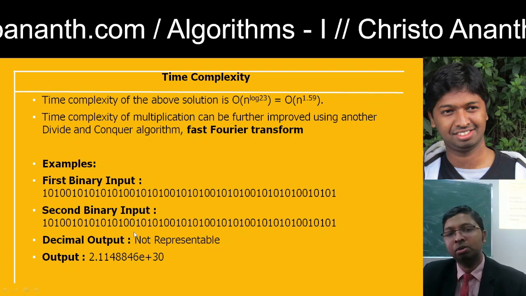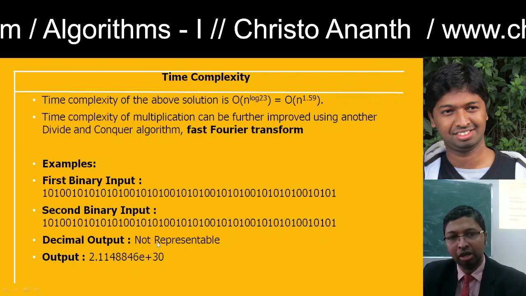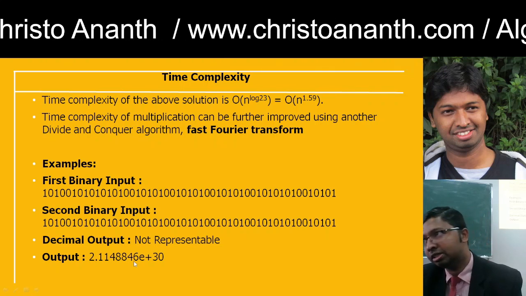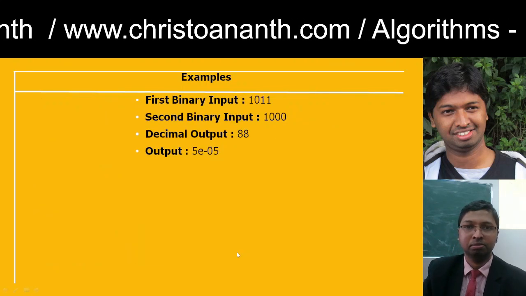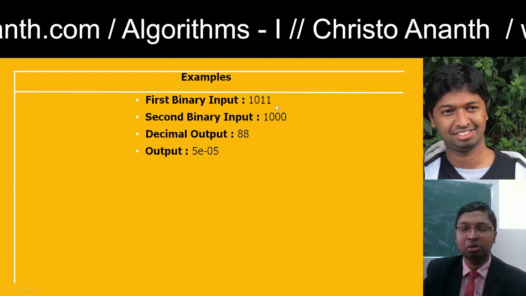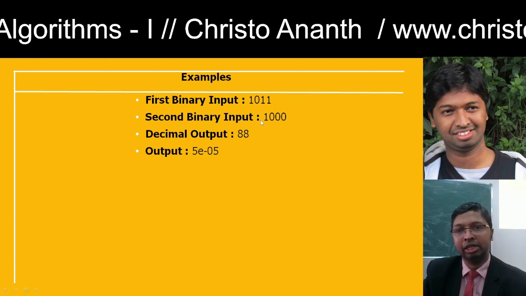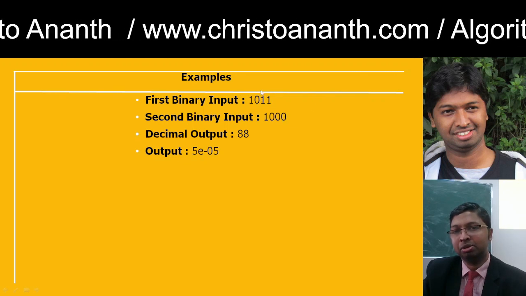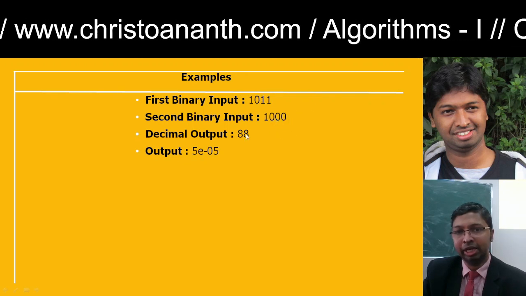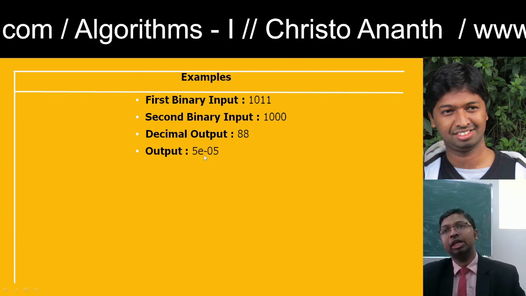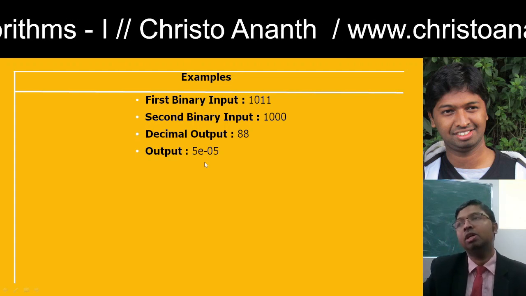The decimal output will be not representable, but definitely your output will be calculated based on the Karatsuba algorithm. So this is the first binary input, 1011. Okay, so here we'll have the second binary input, 1000. Okay, so if you can observe, this is actually 11. Okay, and this is actually 8. So the decimal output would be 88, and the general output would be 5e-0.